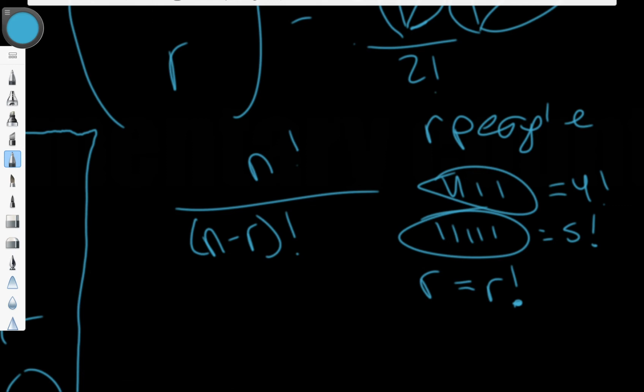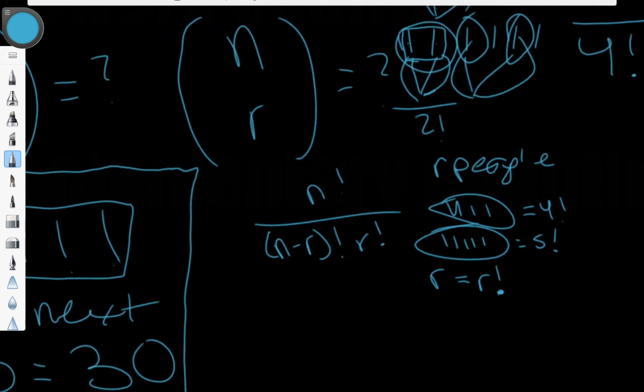Like the order doesn't matter, therefore the number of ways that we can order those people by picking them in a certain order will not matter either. So we're going to divide by R factorial, right? Because that's the number of ways that we can order the picking of those people. And this is our formula. Hopefully it made sense. If it didn't, ask why.